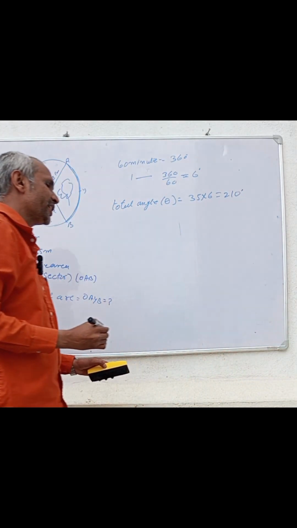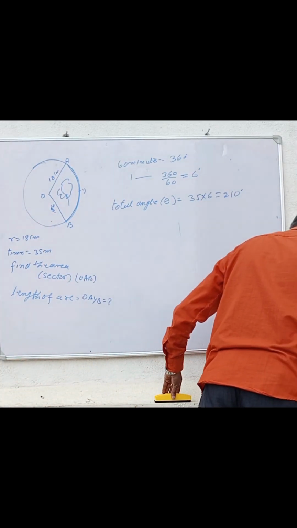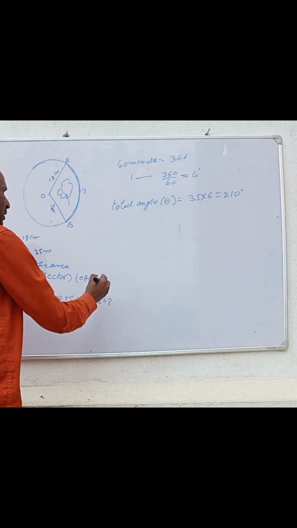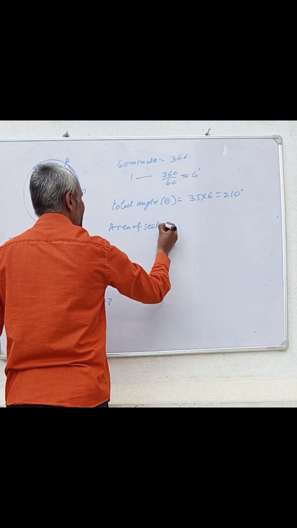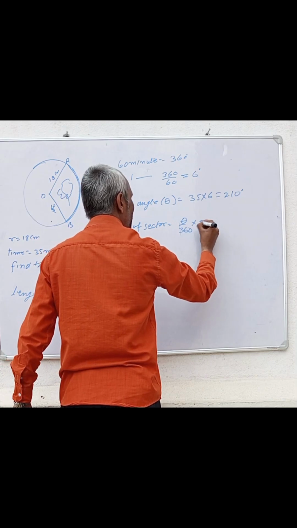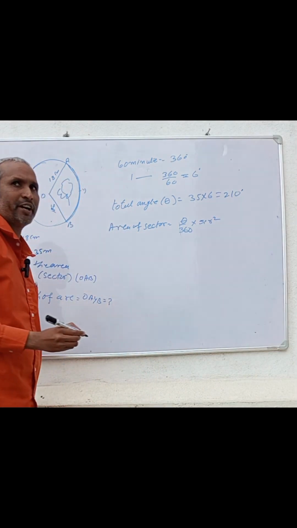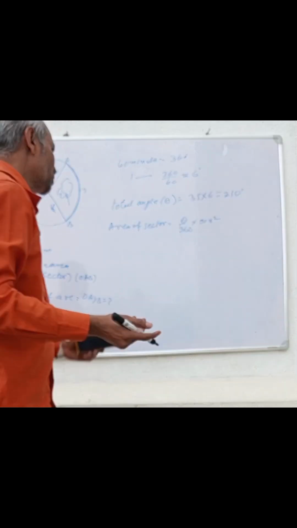Now we are finding the area of the sector first. Formula: area of sector is equal to theta by 360 into pi r square. If the value of pi is not given, then always take 22 by 7.